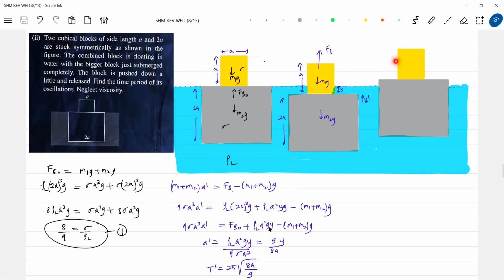When it rises up, this much of buoyant force is what will decrease, no? M1 plus M2G will be as it is. Now FB naught. In FB naught, what happens? This much of buoyant force will decrease. Are you able to notice?